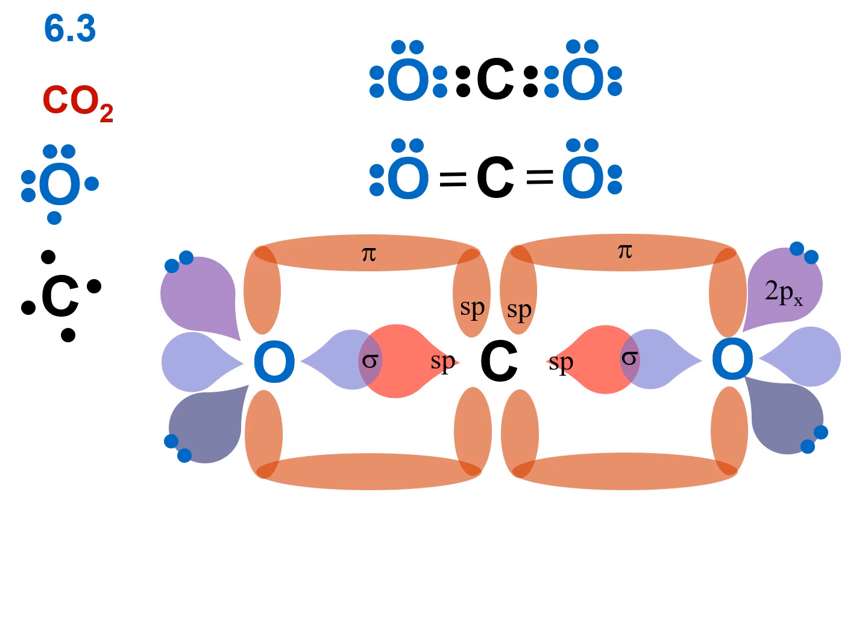So for the oxygen on the right, we can say that the lighter purple orbital at the top is going to be the 2p in the x dimension orbital occupied by that lone pair, and that the lone pair at the bottom is going to be the 2p y orientation, and the one that's going to form the pi bond.